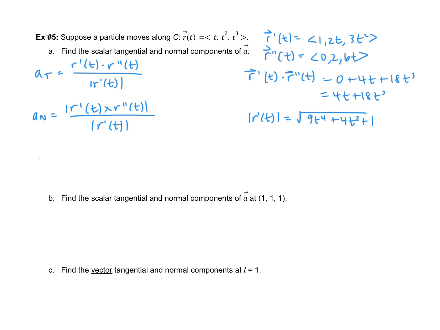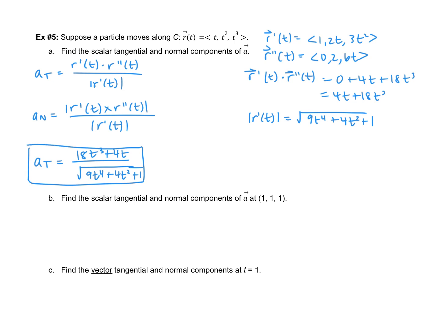So our scalar tangential, then, is that dot product. So 18t to the third, add 4t, divided by the magnitude. So 9t to the fourth, add 4t squared, add 1. And as we can see, this is going to be a scalar when we plug in t. Now, we're going to need to move on to do the normal component.